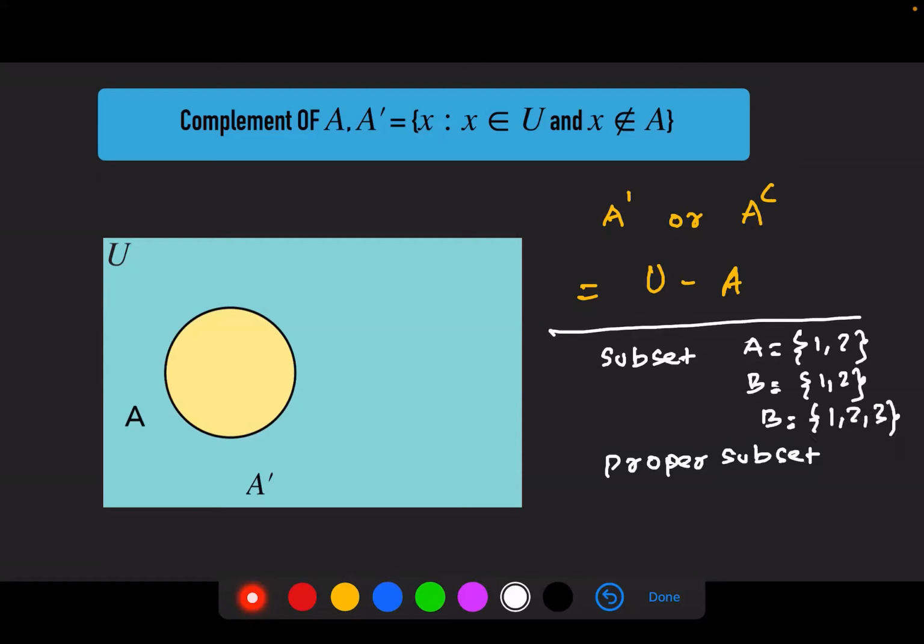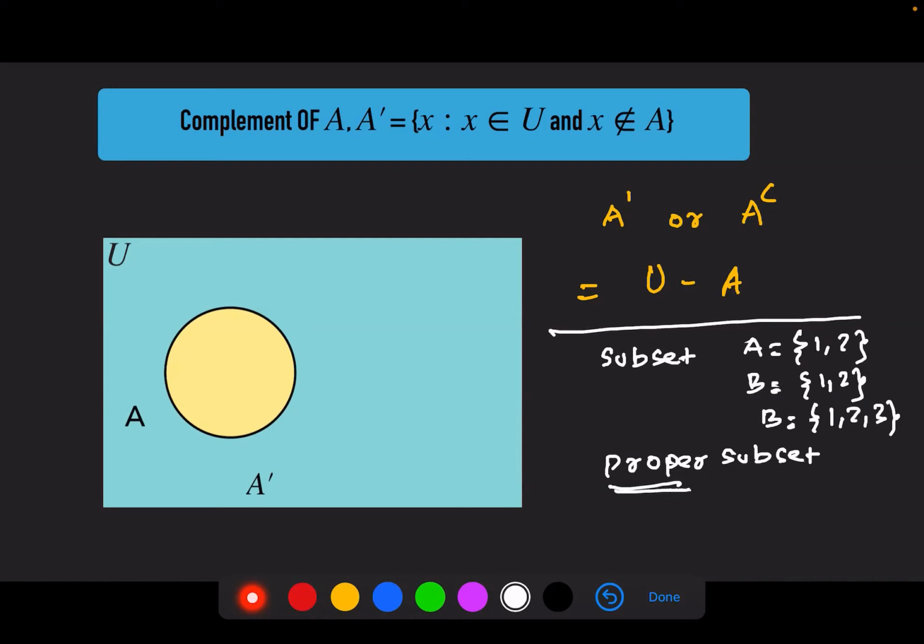Then can I say A is a subset of B? Yes, sir. When A and B are equal, I'm saying subset. When A and B are not equal, when B has an extra element 3, then also I'm calling it a subset. But if B has an element which is not present in A, we usually say proper subset.